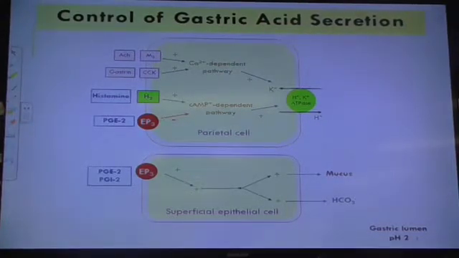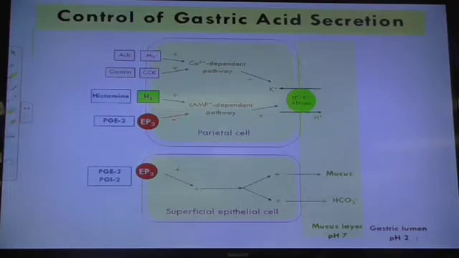Bicarbonate has a basic property. It's going to neutralize the gastric acid. And once the mucus and bicarbonate combine together, they create a mucus layer.